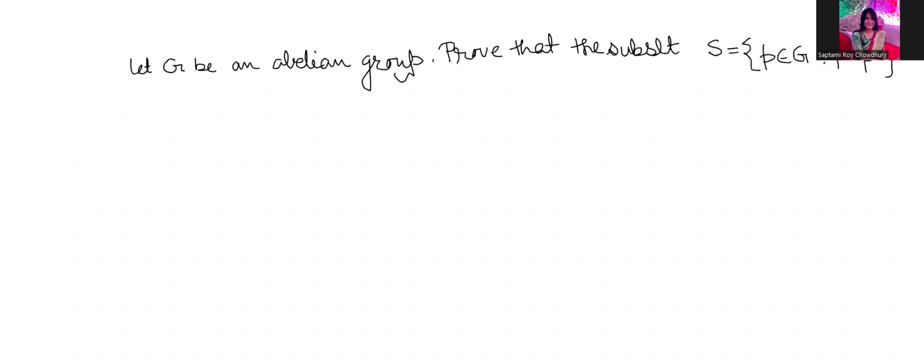Prove that the subset equal to such P from G which is its own inverse forms a subgroup of G.